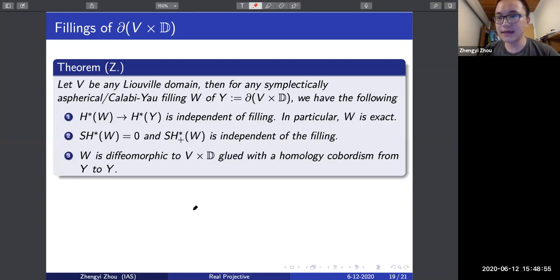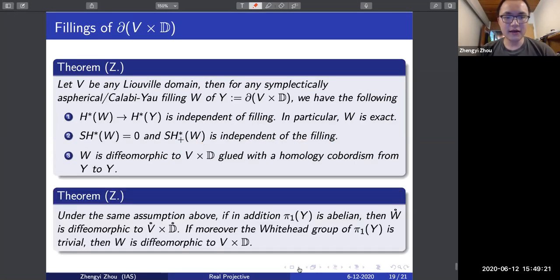Okay, and another thing is I'm not assuming anything about the first Chern class of V or anything else. So in fact, this SH plus being independent of filling is different from all previous results, which use neck stretching and index arguments, because now it's not necessarily Z graded. So it's not an a priori fact, it's actually a consequence.